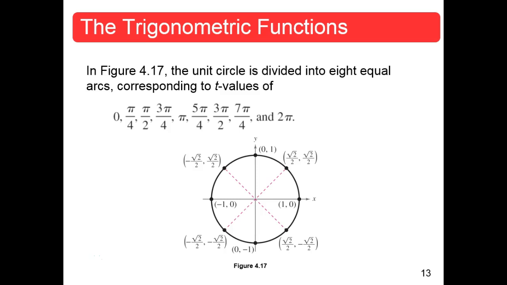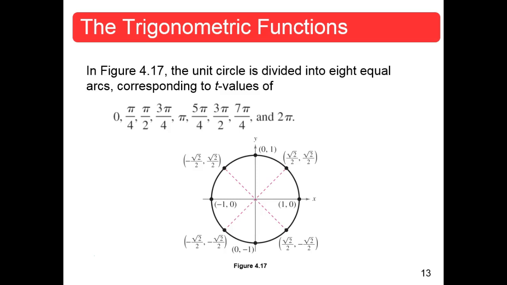So what are the angles? They call them the t-values. Pi fourths, pi halves, 3/4 pi, 5/4 pi, 3/2 pi, 7/4 pi, and 2 pi. So there they are: 0 here, pi fourths, pi halves, 3/4 pi, 5/4 pi, 3/2 pi, 7/4 pi, 2 pi.